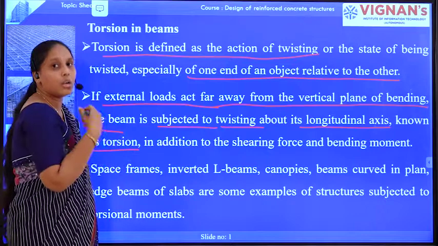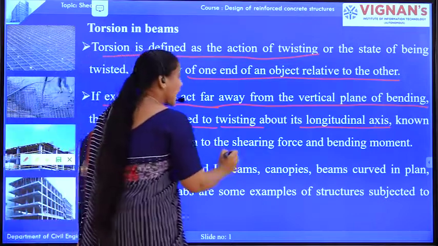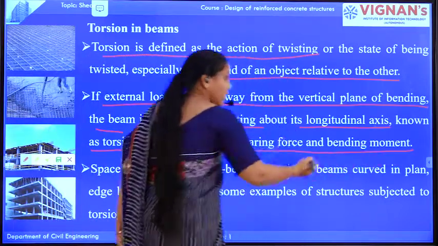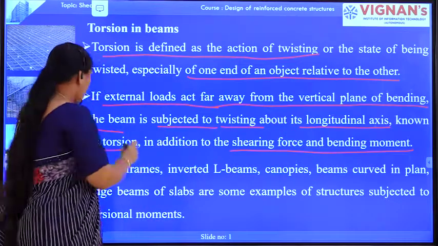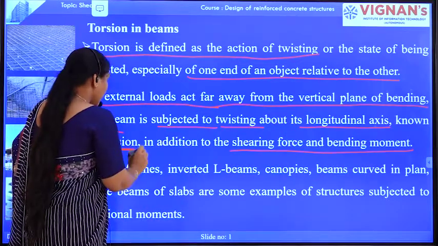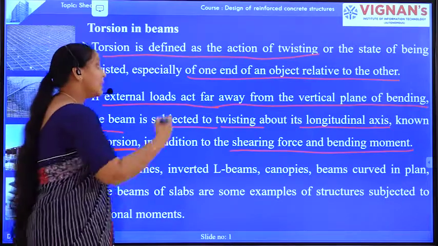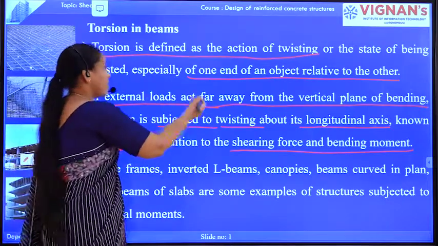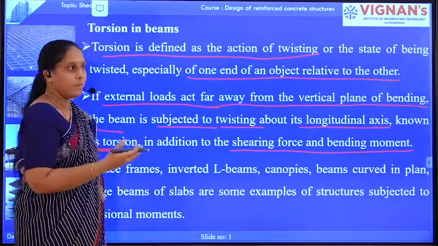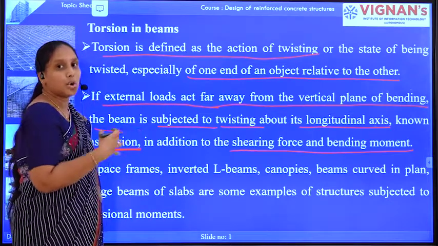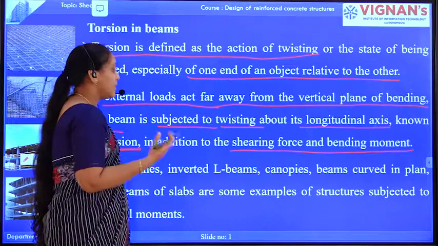So along with the bending moment as well as the shearing force, there will be a torsion also which is subjected to the beam when the loads are acting far away from the vertical plane. Then the torsion will appear in the members.